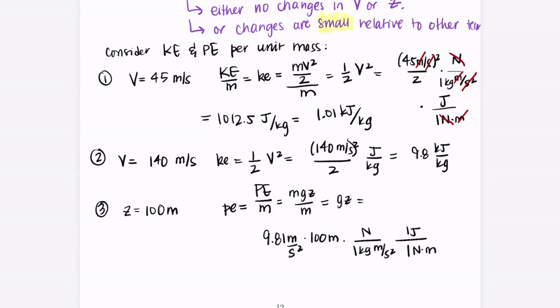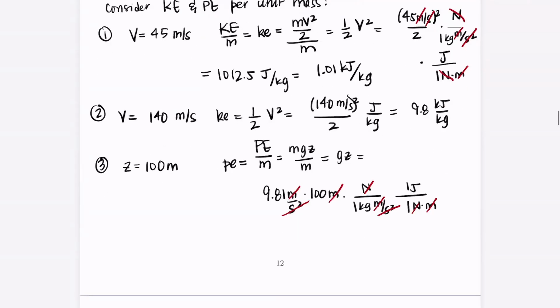The Newtons go away, the meters cancel, and the per second squared goes away. So we have joules per kilogram, which gives us 981 joules per kilogram, or 0.981 kilojoules per kilogram.